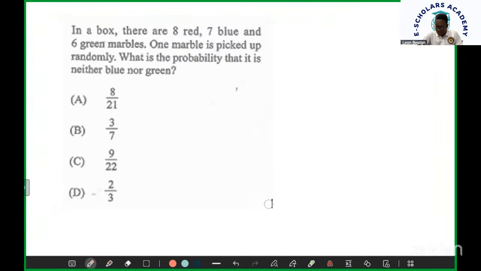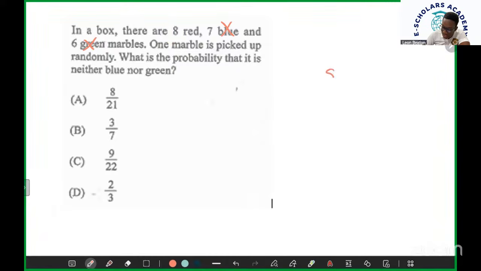So in a box, there are 8 red, 7 blue, and 6 green marbles. One marble is picked randomly. What is the probability that it is neither green nor blue? So if it's neither green nor blue, it has to be red.